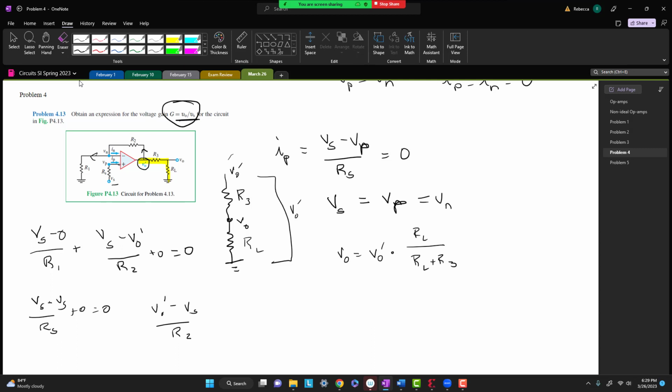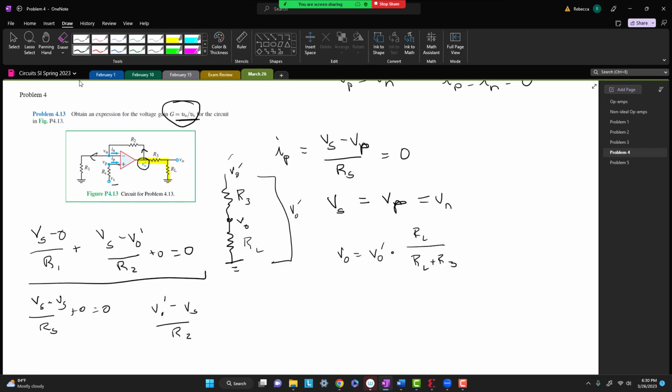And since I have VS in this one equation that I already have, and I have VO given in terms of VO prime that I can plug in over here, then I do not need to do another equation. And I wasn't quite sure how I was going to do that, because I didn't know how to do the current going back to the op amp. So good, I don't have to do that.